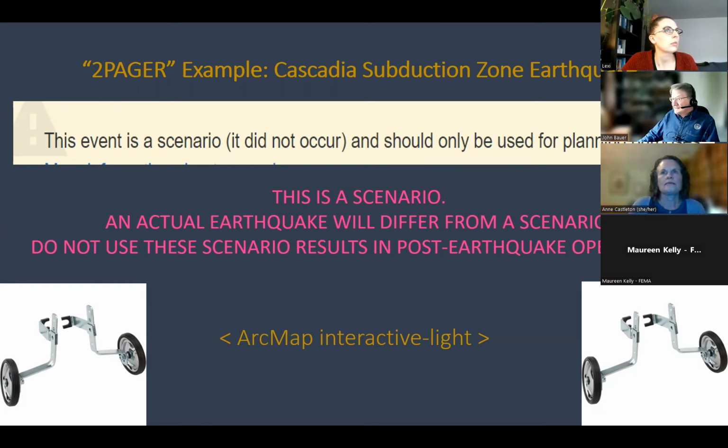And this is our scientists' best estimate of what a CSZ event could look like. But the actual earthquake will always throw seismologists curveballs, okay? It will be different for various reasons, but that doesn't stop one from doing some planning exercises. So that's what we're doing here, taking a reasonable model of what a CSZ event could look like. And so we're going to pop out of there and go to GIS.